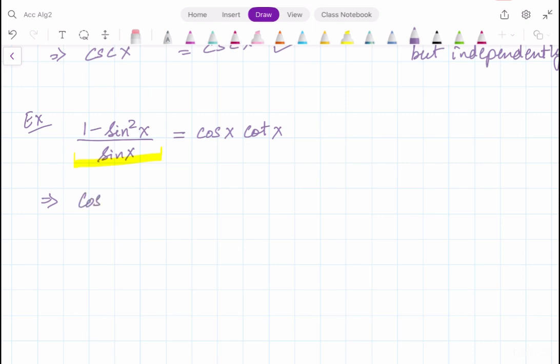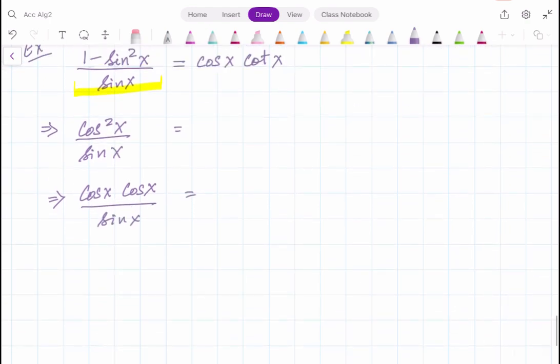So, what we are looking for, 1 minus sine squared x is nothing but cos squared x. And then cos squared x divided by sin x, it should be sin x, not sine squared x. Let me correct this one. And then cos squared x is nothing but cos x times cos x.